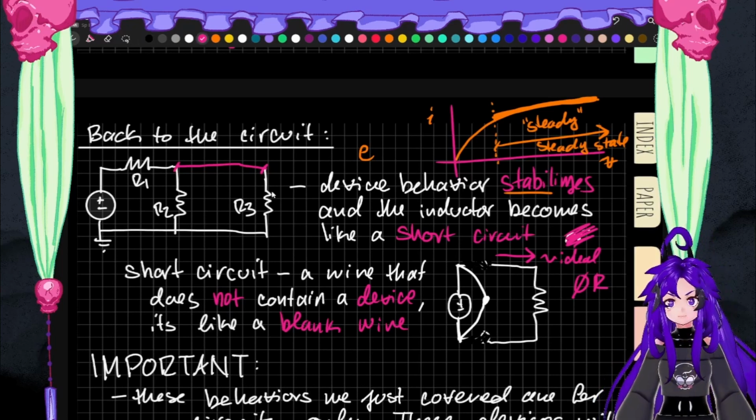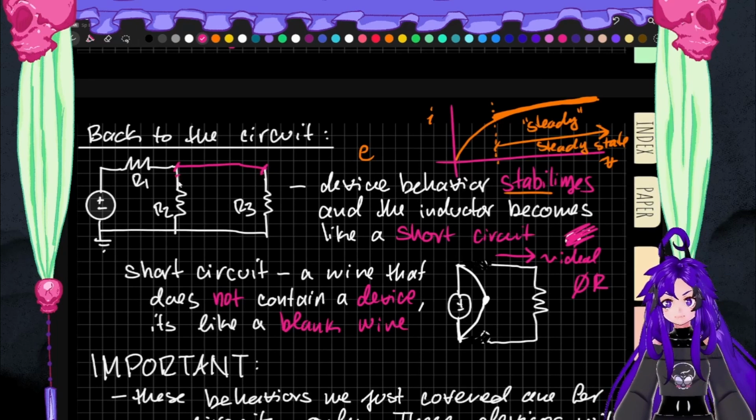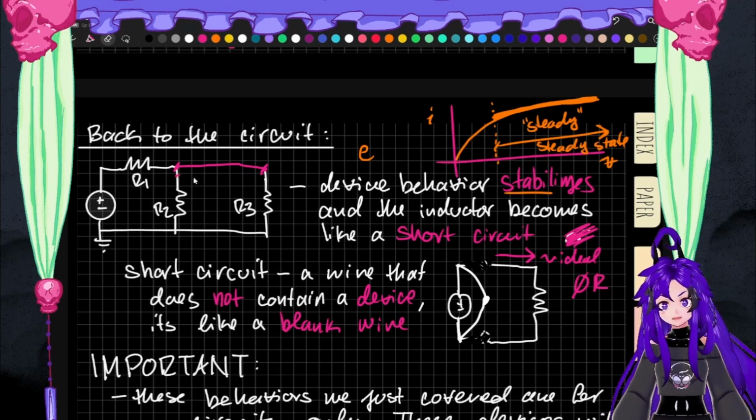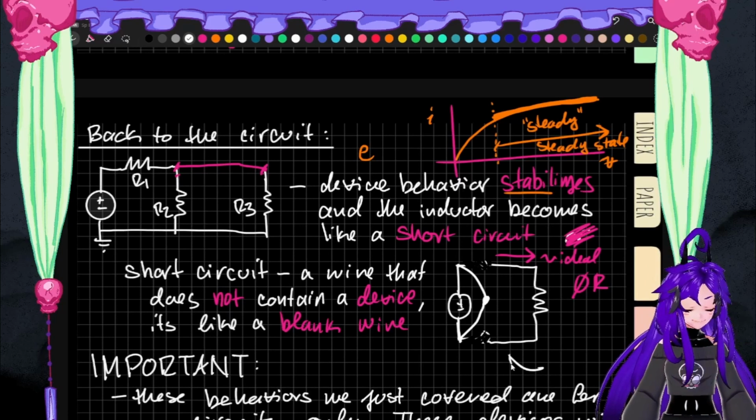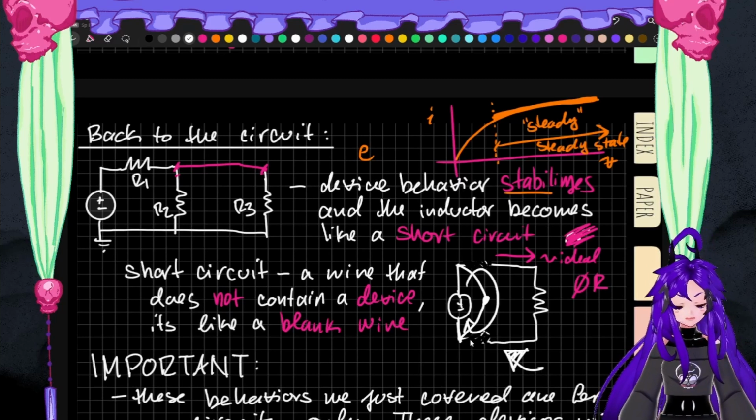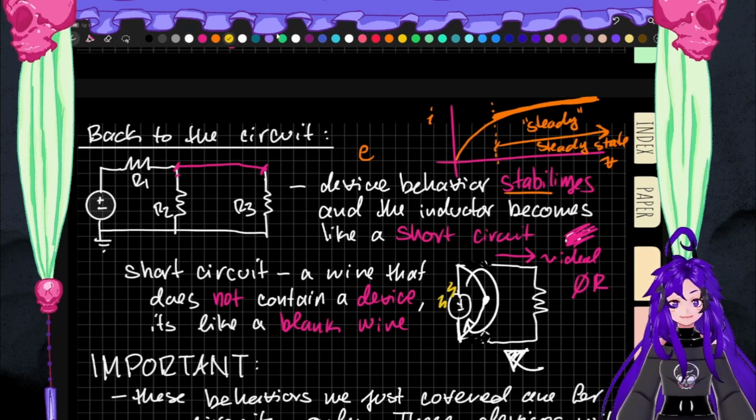Alright, so short circuit in this case is not a bad thing, okay? All it does is connect this R3 resistor to the R2 resistor and the R1 resistor very directly. Nothing else connected. In this case, short circuit bad, because now you're shorting out your power source, and this thing's gonna start sparking, or smoking, or catching fire.